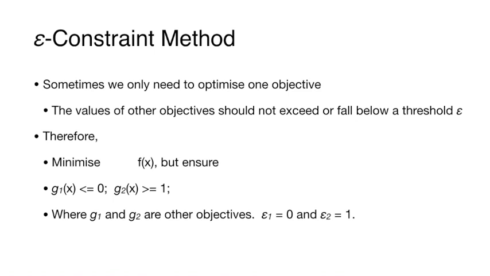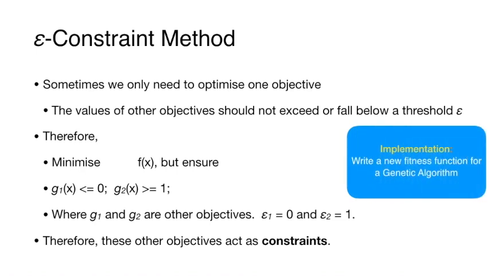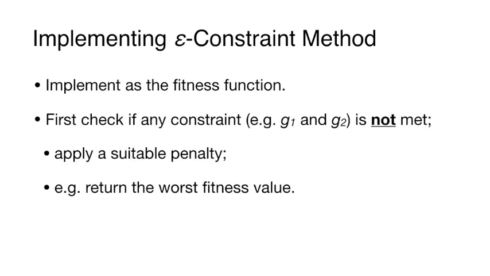Now, if we are to implement the epsilon constraint method in a genetic algorithm, we have to implement it as a fitness function. Let us discuss that in some detail. In the fitness function, first of all, we check if any of the constraints are not met. If so, we assign a suitable penalty. For example, we can simply return the worst fitness value instead of proceeding any further with the fitness function.